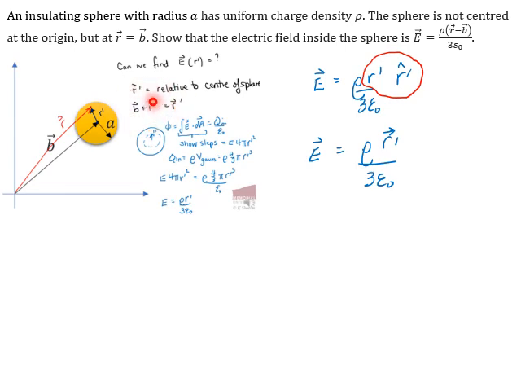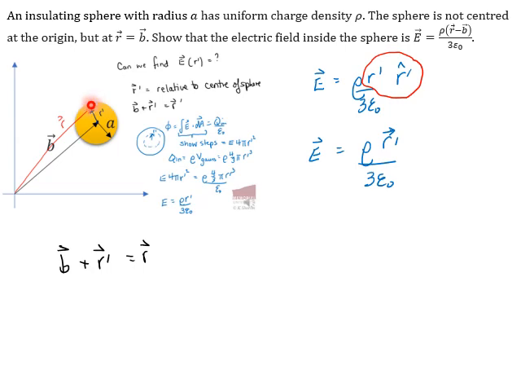So next we'll use our transformation, which is that since B, so that's the position of the center of the sphere relative to the origin, plus r primed, which is the point we're talking about where we're trying to find the field relative to the center of the sphere. Add those two guys up, and what we get is the vector r.